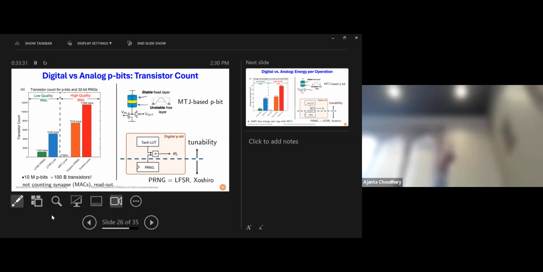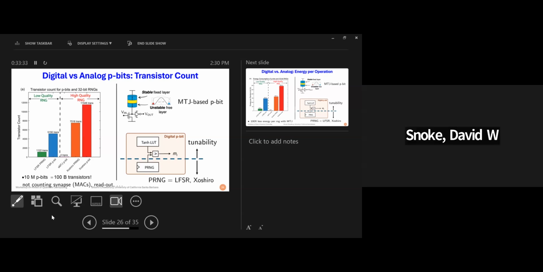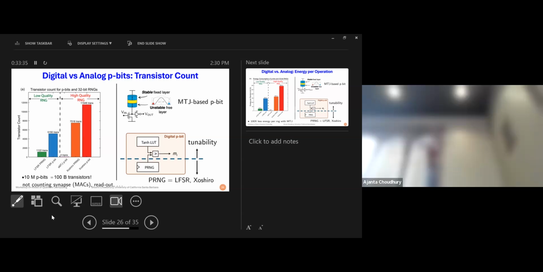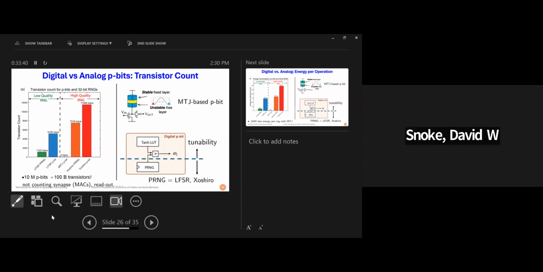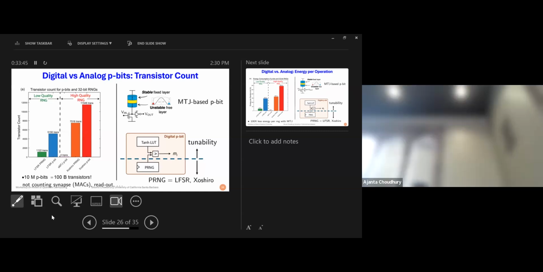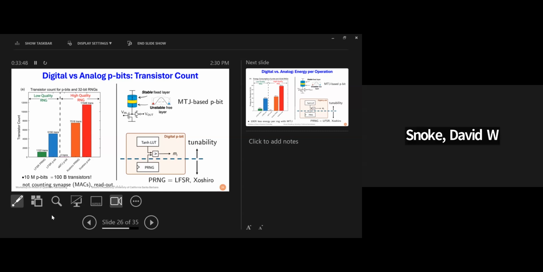If you use a good quality random number generator, you need around 11,000 transistors alone, just for one p-bit, and that is only for your random number, and then you have to design other things also. But then, if you design with a stochastic magnetic tunnel junction circuit, you have just a few components in total.